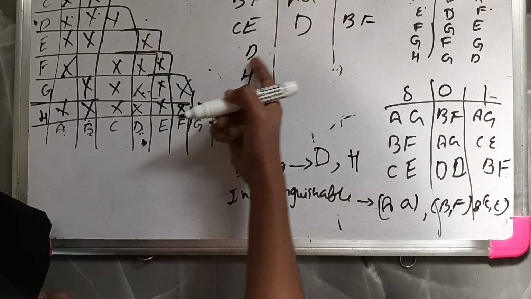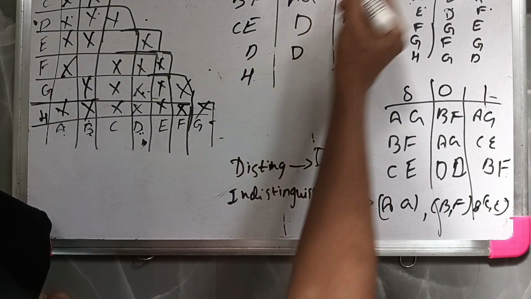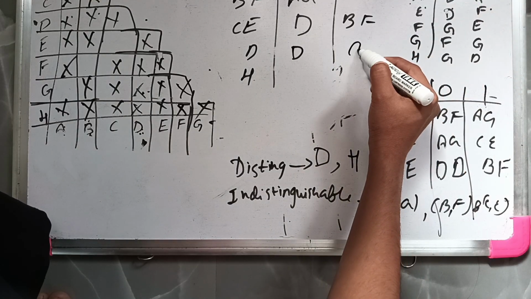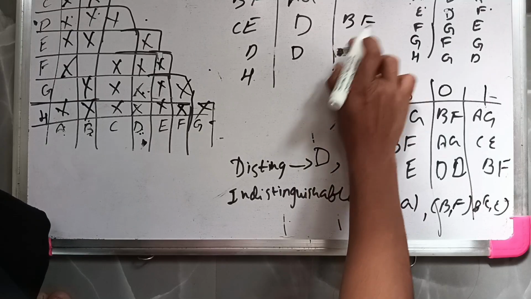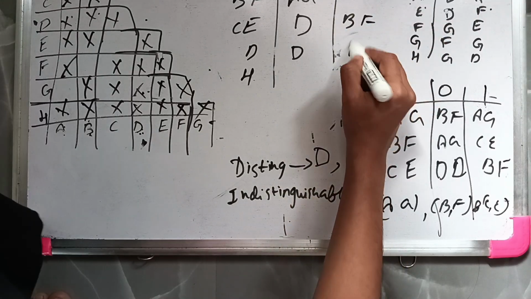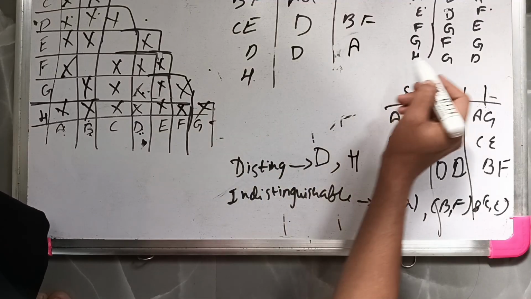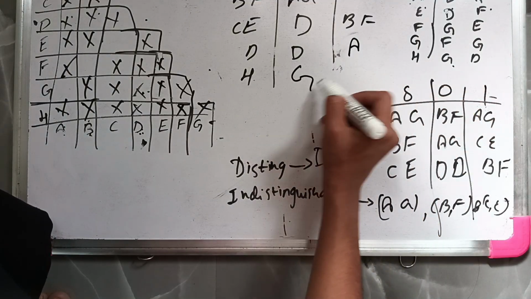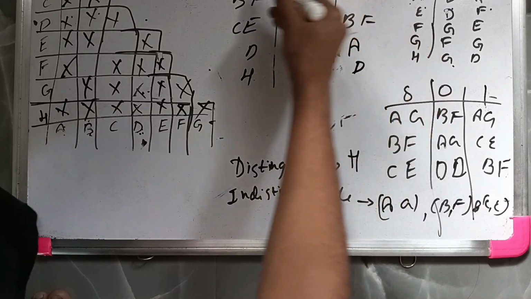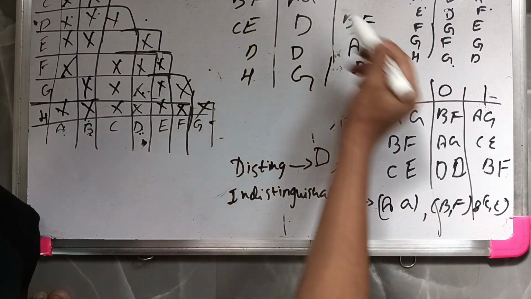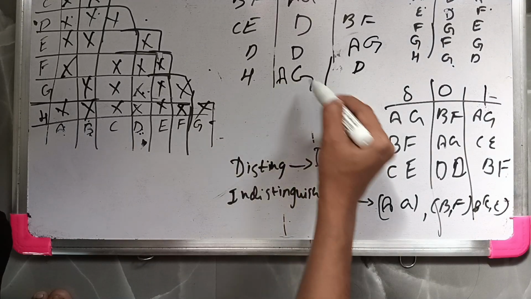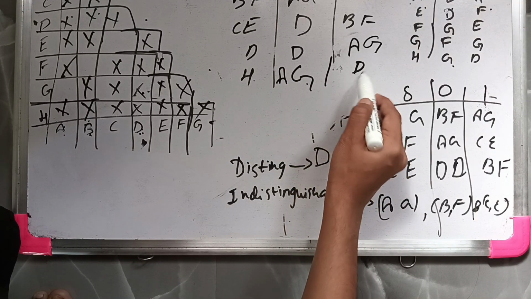For D, if 0 comes it goes to D itself, and if 1 comes it goes to A. For H it is G and D. Remember one more thing, we can't write A singly because we write this state itself, that is AG, and here also AG, and here D only.